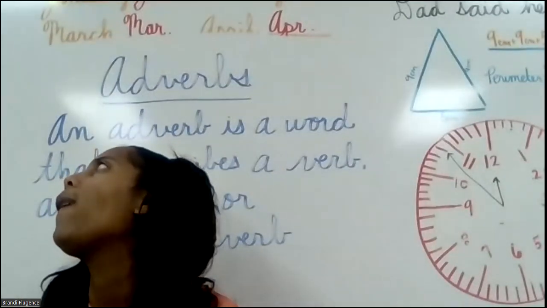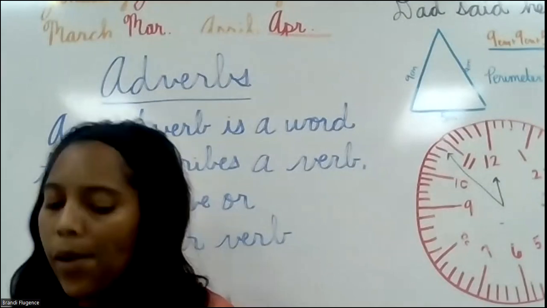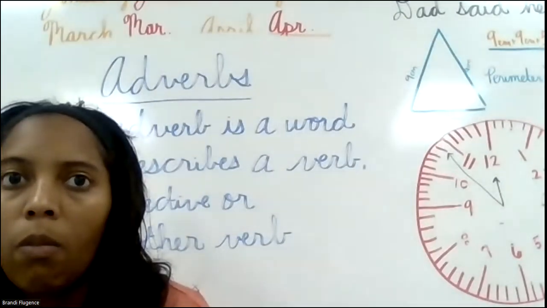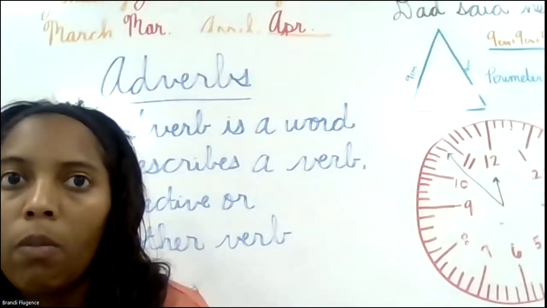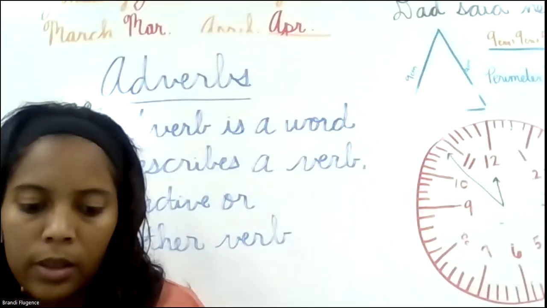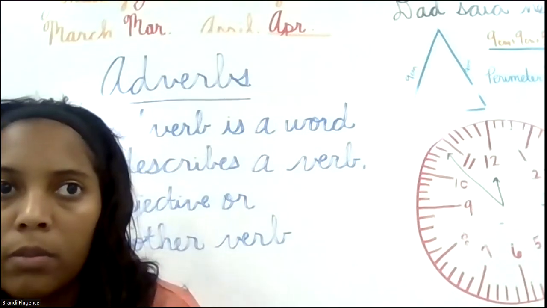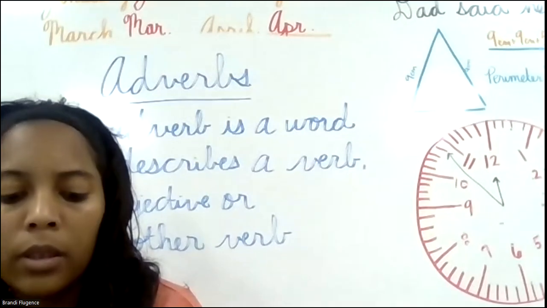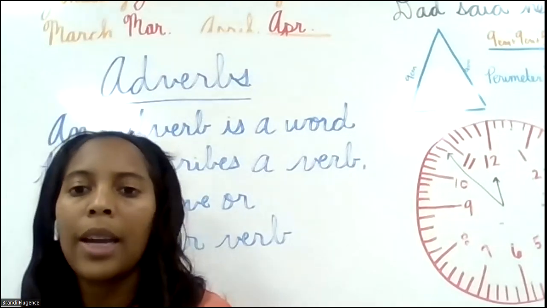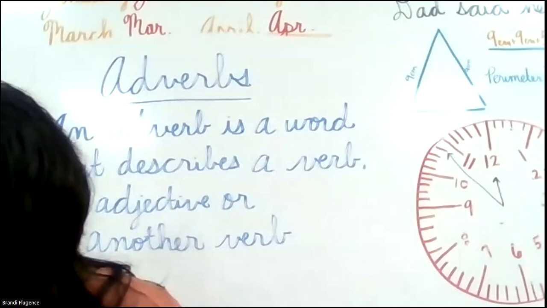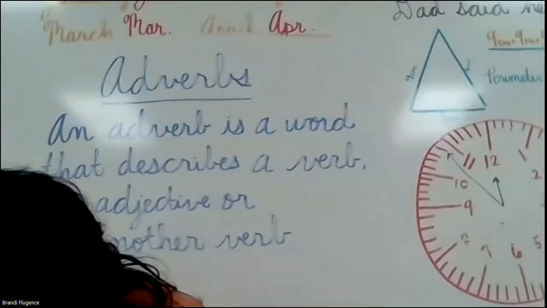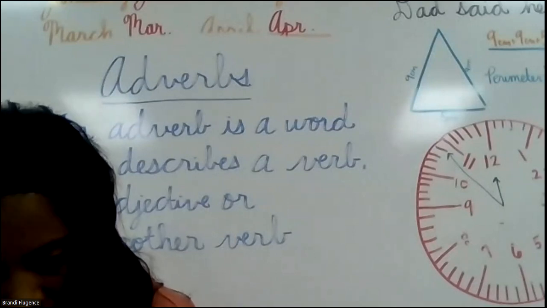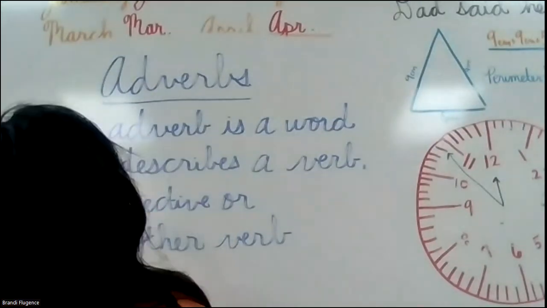B-I-C-Y-C-L-E. 7, errand. 8, decision. See, you need to look at it while you spell it. 9, decision. 10, author.